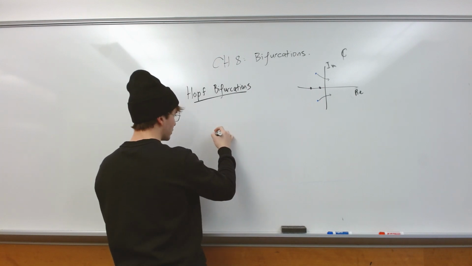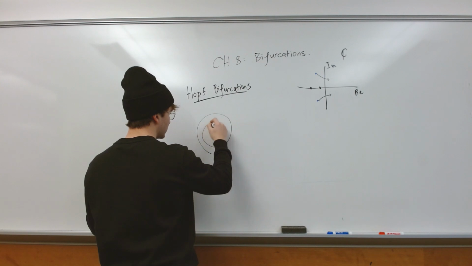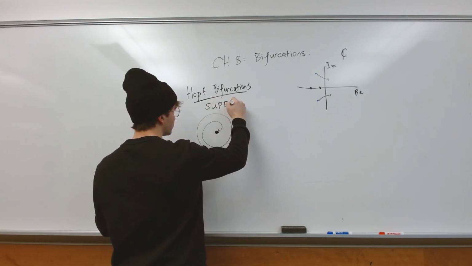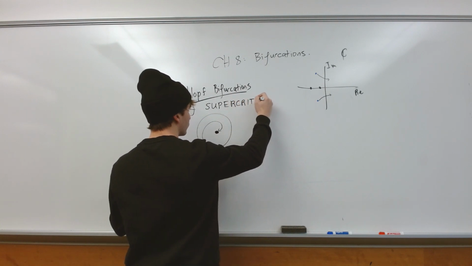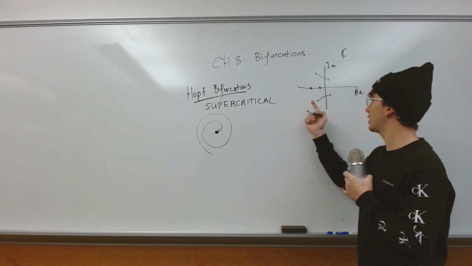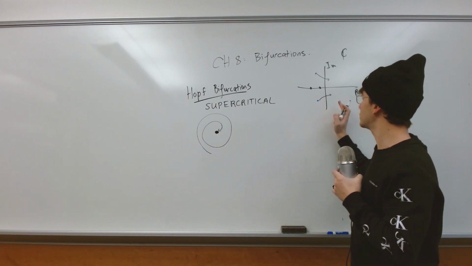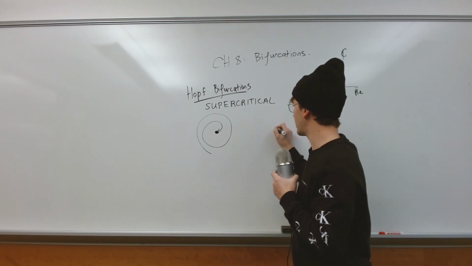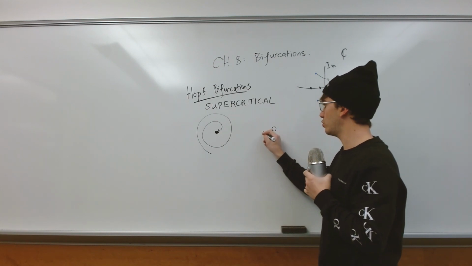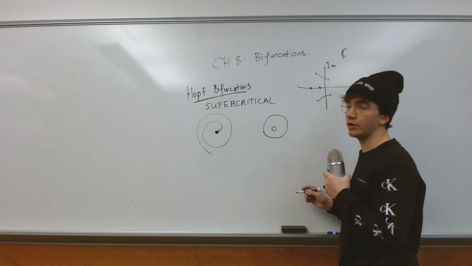Essentially we start with a stable spiral. This is actually a supercritical version of a Hopf bifurcation. We start with a stable spiral, where our eigenvalues have negative real part, and then these cross the imaginary axis, and the spiral becomes unstable. However, a locally stable limit cycle is born around the fixed point.